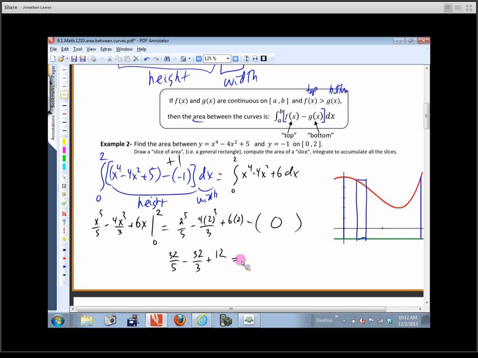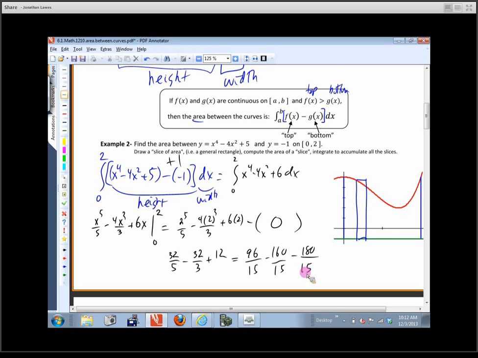So I'll get a common denominator of 15. So that's going to be 96 over 15, minus 160 over 15. And let's see, 12 times 15, so 180, right? Correct?